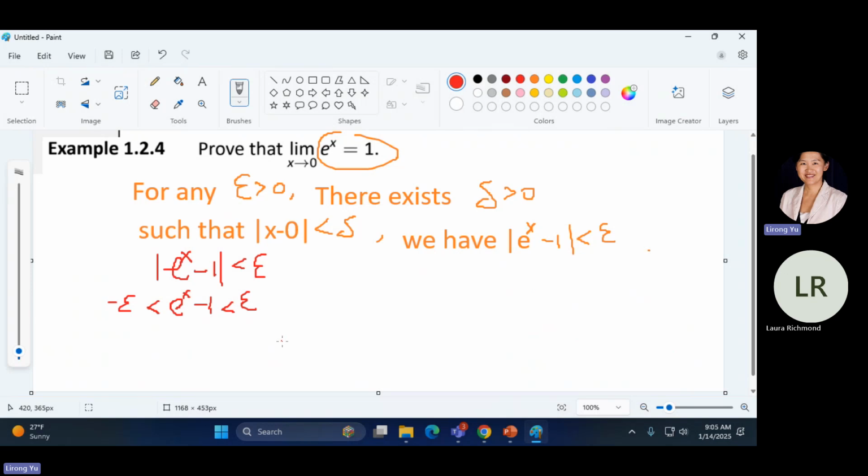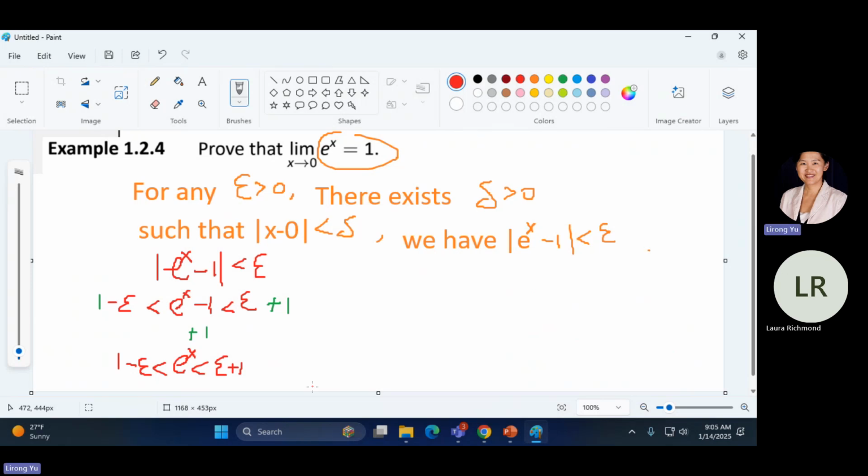What we're going to do is we first add 1, just so we can remove the minus 1. So we add 1 on all three. After we add 1, we then have 1 minus epsilon less than e to the x less than epsilon plus 1. So we have right boundary and left boundary for the e to the x.